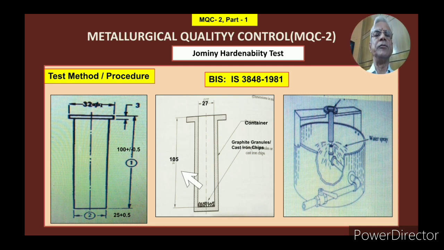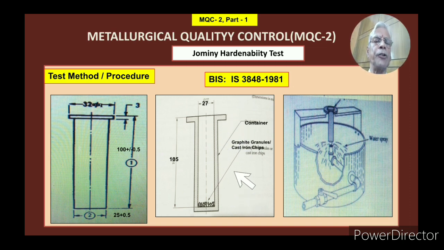So, test method and procedure. All this video content is based on BIS Indian Standard 3848-1981. If someone is interested in going into detail about this, he should refer to this Indian standard, because it refers only to the hardenability test. So in short, I have just explained with figures. This is the Jominy piece, the dimensions are given here. And this is one container where this Jominy piece is kept inside.